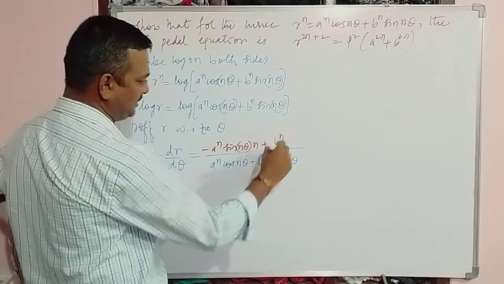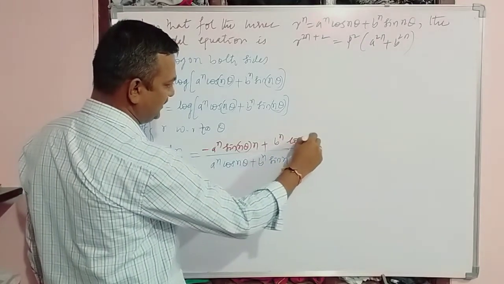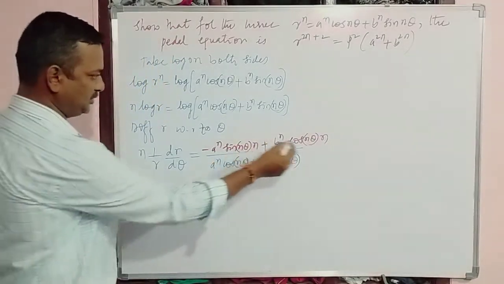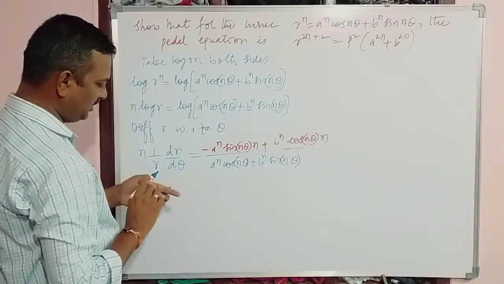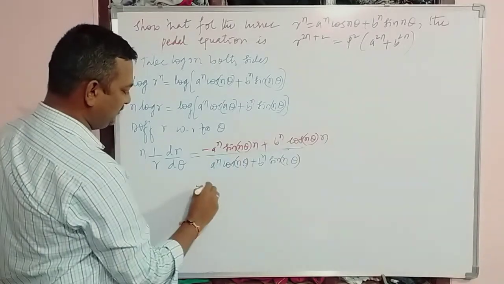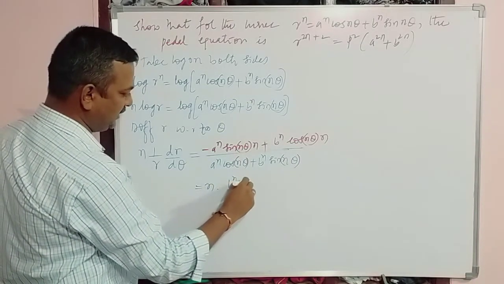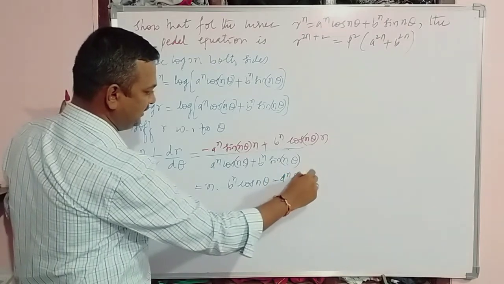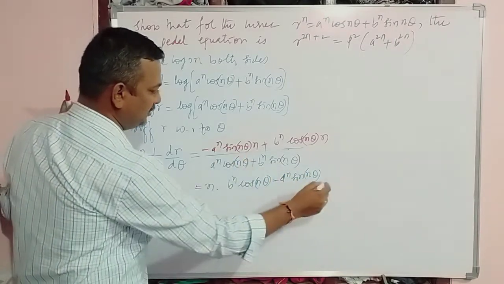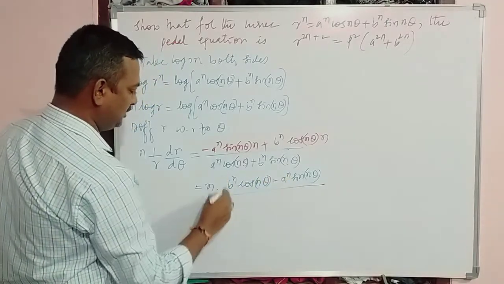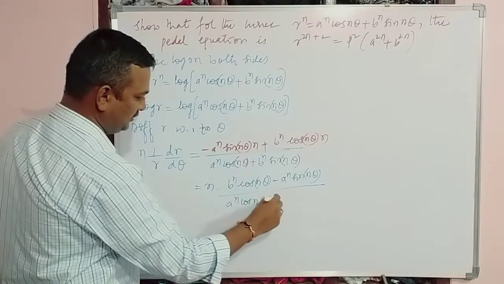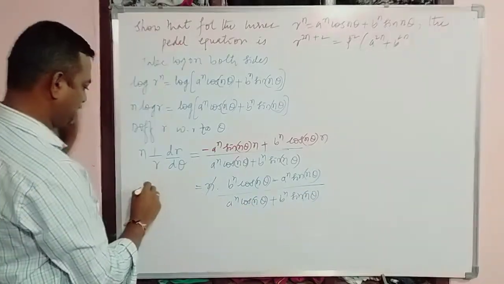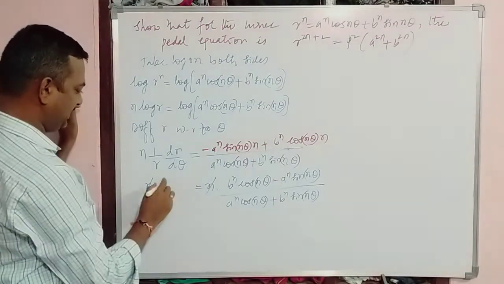Plus b^n into the differentiation of sin nθ, which is cos nθ, and again nθ gives n. So n is common from both terms, and I am writing in reverse order: (b^n cos nθ minus a^n sin nθ) divided by (a^n cos nθ + b^n sin nθ). So this n and that n get cancelled, students. So the remaining left side is cot φ.